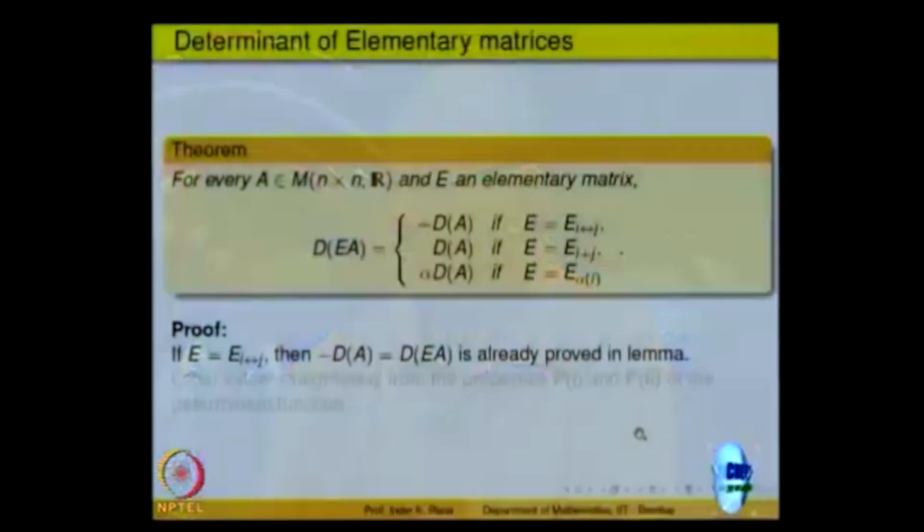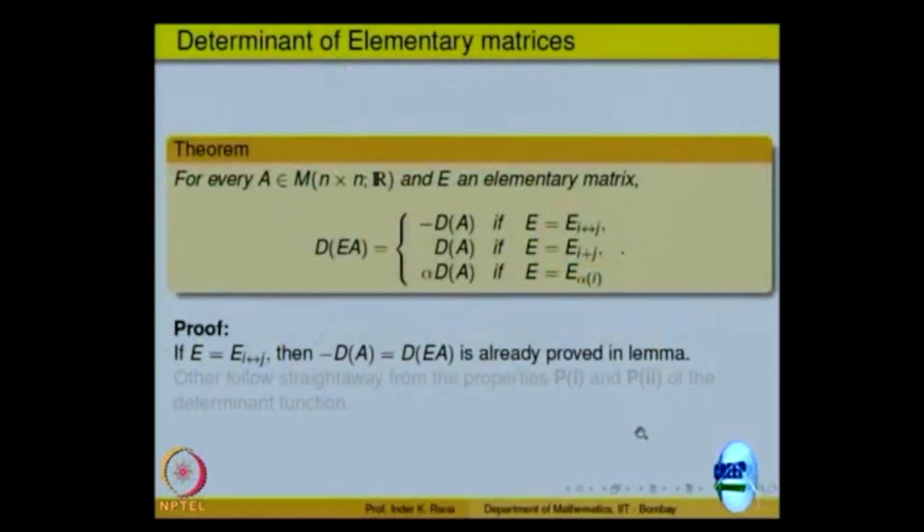So what you are saying is the determinant of a matrix pre-multiplied by an elementary matrix is the same as the product of the determinants, right? And that follows from this simple identity. Okay. So let us go a step further. That is the same as written again. So we can write that as a theorem.